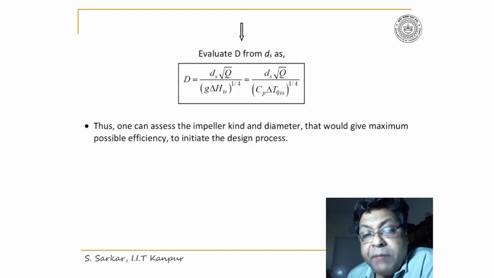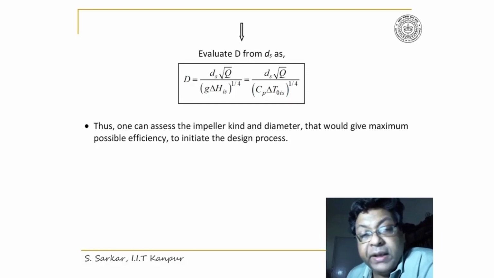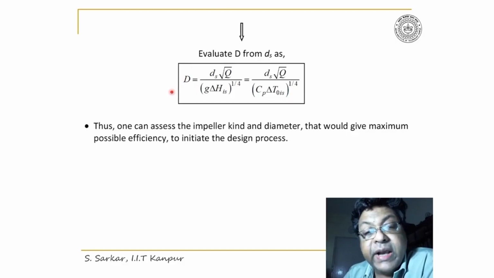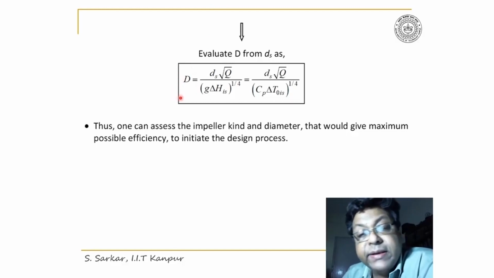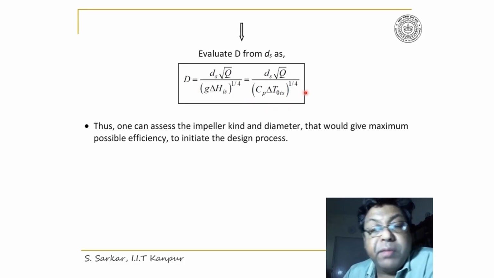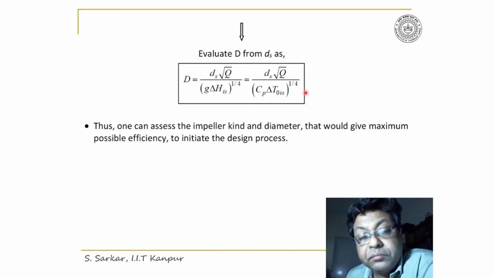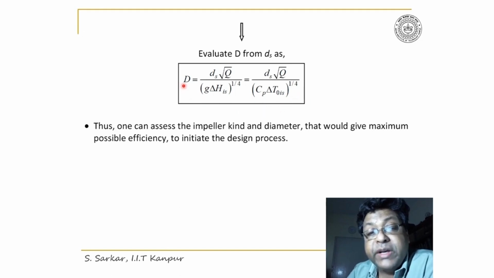Now, after getting Ds, one can project what the diameter of the impeller would be. So D we can calculate from Ds as Ds root over Q divided by Cp into delta T0,is to the power 1/4. Thus here we can assess the dimension of the impeller.